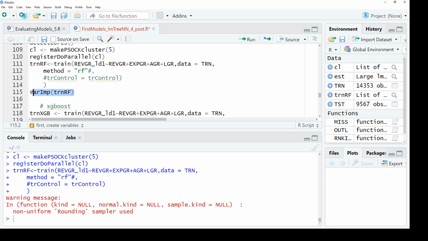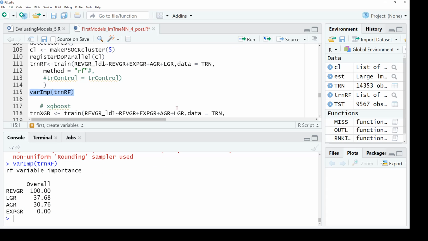So here, though, we're going to do one of the things that's useful. It's this variable importance. This is a function from the caret package. And notice I have this object that I saved that is the result of the random forest model. This is sort of like doing a summary of the random forest model. We look at the variable importance.